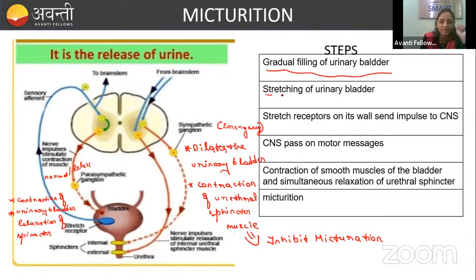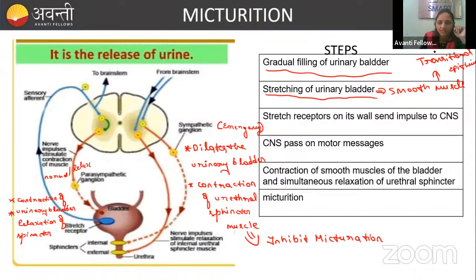Here, the stretching of the urinary bladder. Here you can see the urinary bladder consisting of smooth muscle. The smooth muscle is lined by the transitional epithelium.